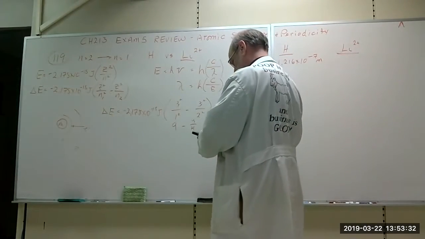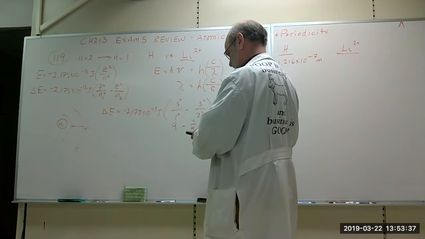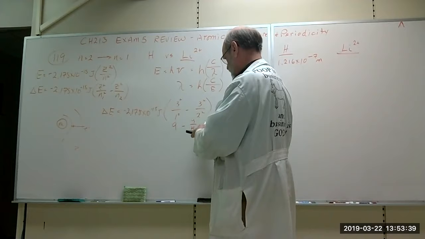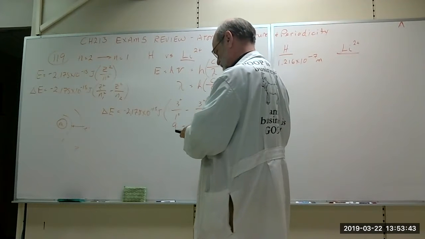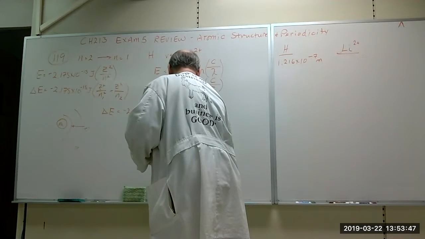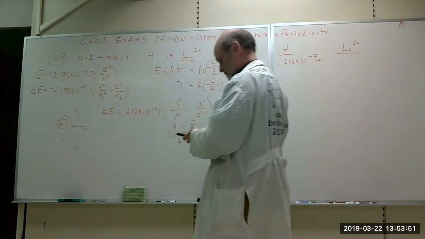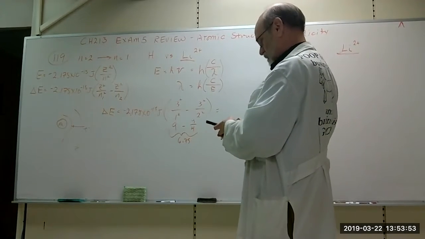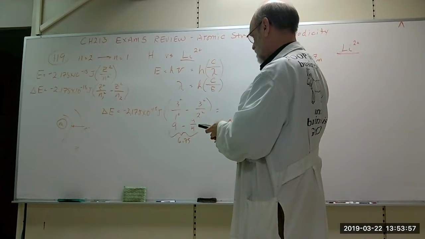Okay, so let's see what that is. Okay. 9. Yes? So that's 2.25 here, subtracted from 9. 6.75. 6.75. And that's times this value. 2.178. Yeah, 2.178.